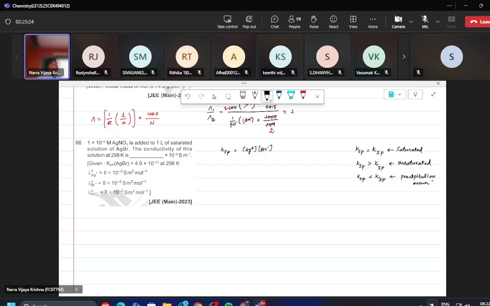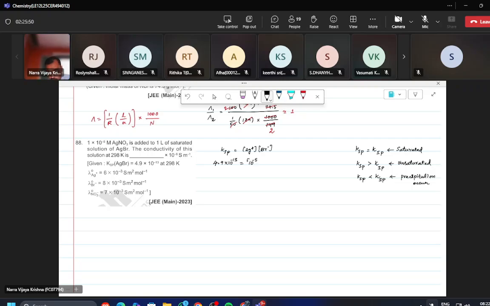Now they gave a saturated solution, means the product of concentrations of these two must be equal to KSP. What is the KSP value? 4.9 into 10 power minus 13 equals concentration of Ag plus into concentration of Br minus. You are adding AgNO3, so what is the concentration of Ag plus? 10 power minus 5.